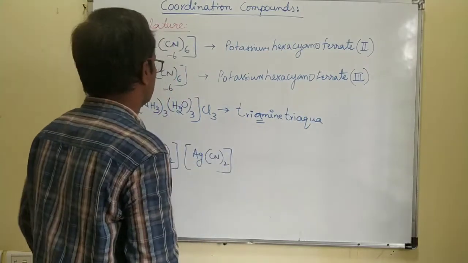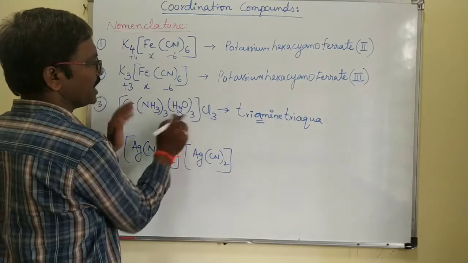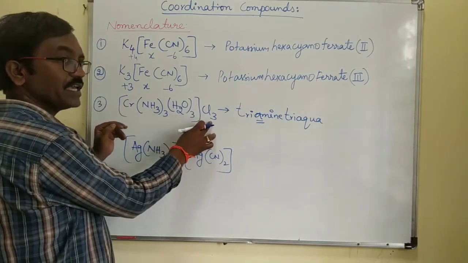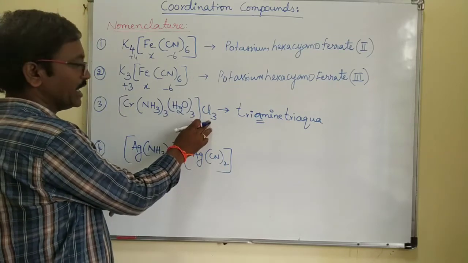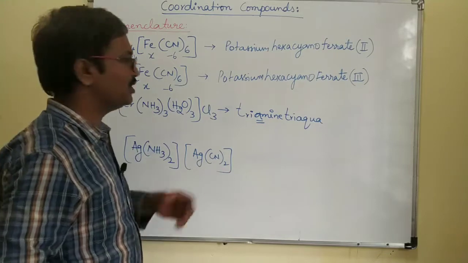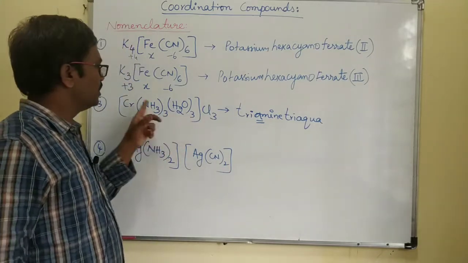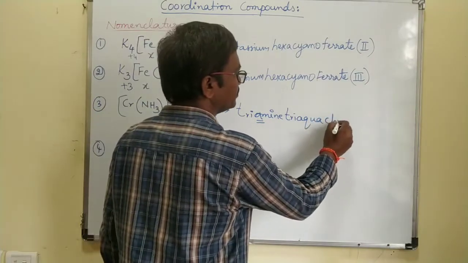Right? So this one is a positive, this one is a negative, just like NaCl, Na plus Cl minus. So in this one, if the complex is positive, chromium should be chromium only.